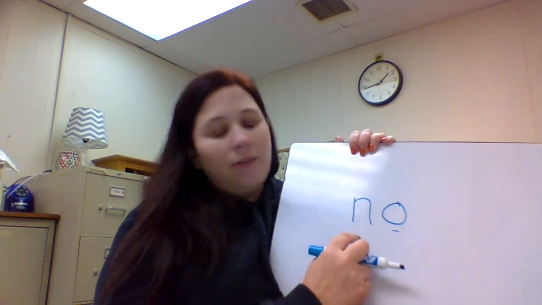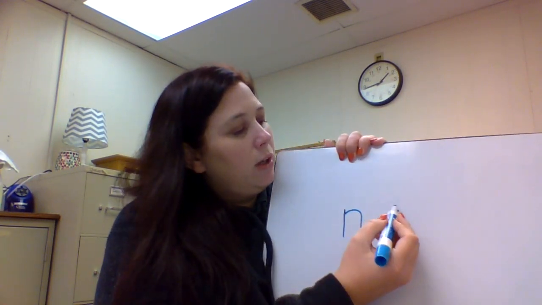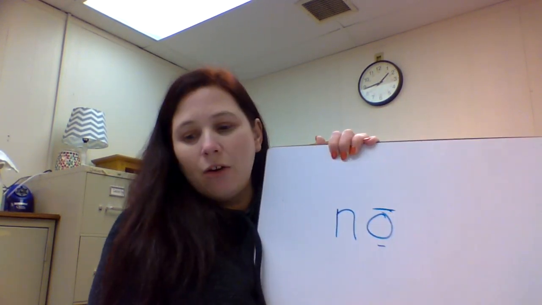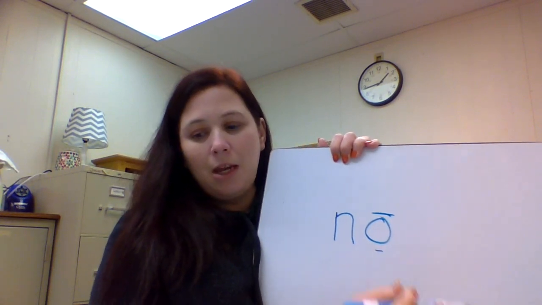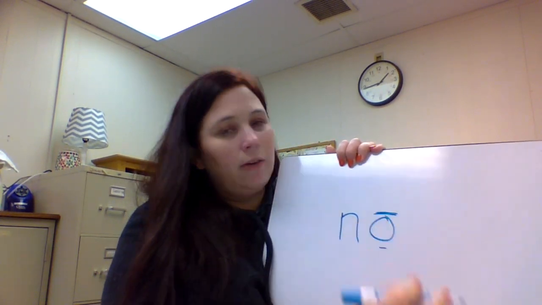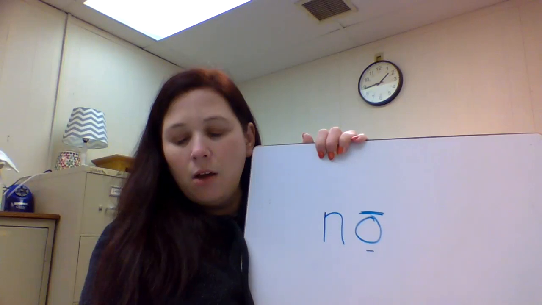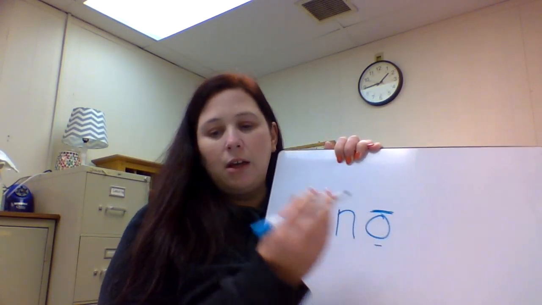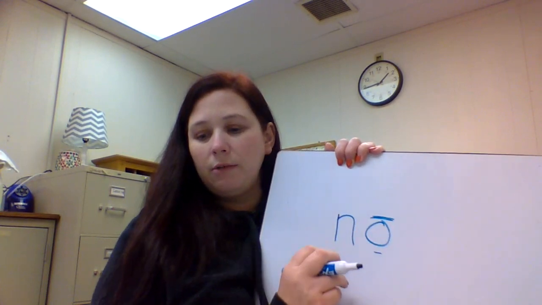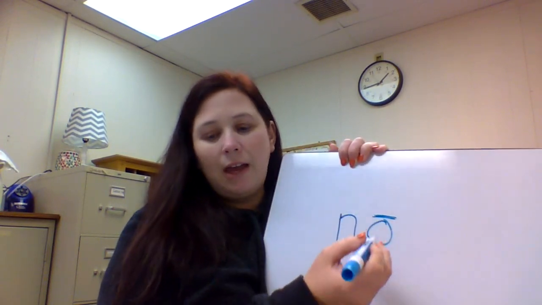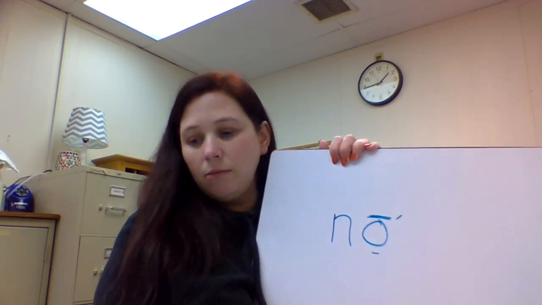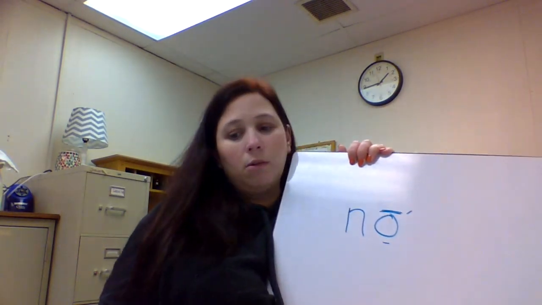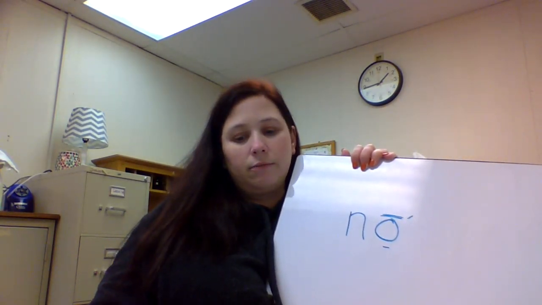So when a vowel is not followed by a consonant, we code it by using a straight line called a macron. All right, the macron tells us that the O says its name. So what letter is this? We say O when we see it. And then the vowel is accented because it's a one-syllable word, and all one-syllable words have an accent.